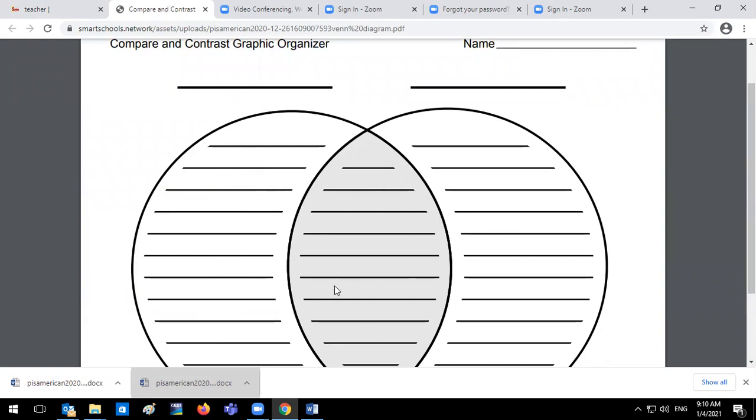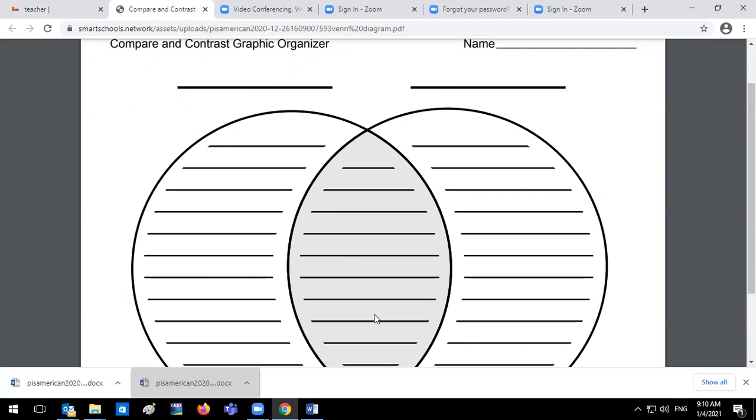And in the overlapping section, you're going to put the similarities between you and the character that you chose. All right. So if you're both into, for example, let's say that you're comparing yourself to Darry, and we know that he is into his physical strength, or he likes things that show his physical abilities.